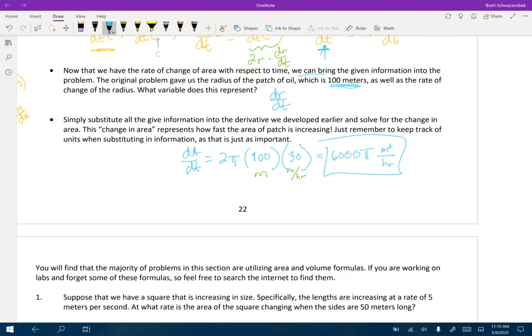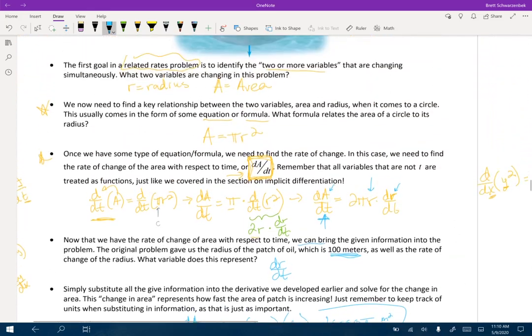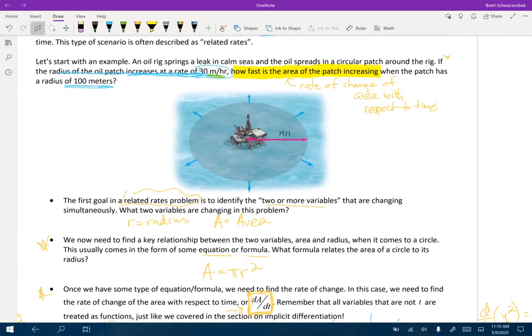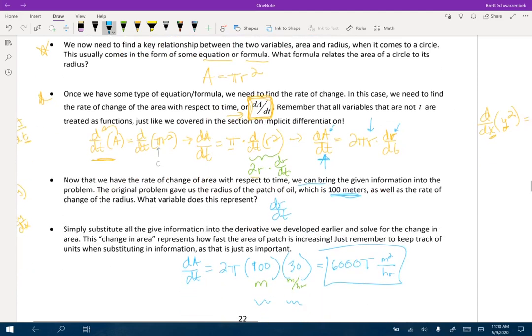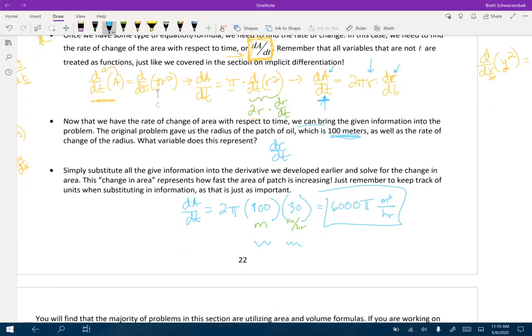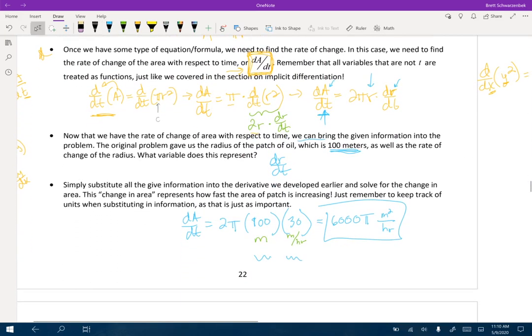Eventually you're going to get used to it and come up with the labels fast, but till then you can always use the labels of the individual ones, multiply them and get the result. So the area of this patch of oil is increasing at 6,000 pi meters squared per hour at the time of our specific problem.